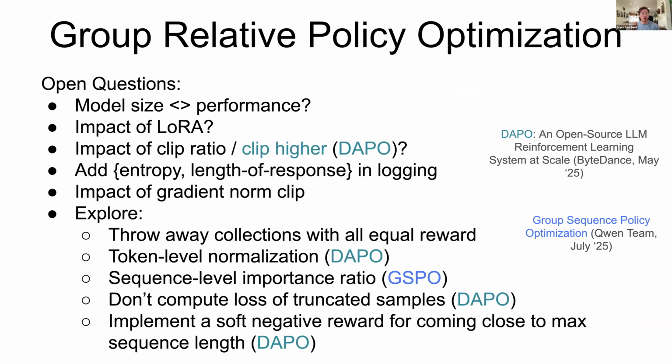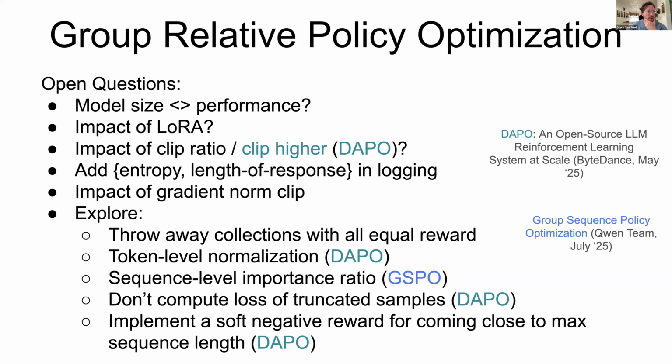Anyway, I have just a few open questions here, and then I'll hand off to Raymond. There are lots of things I wanted to play with that I haven't yet. There's a paper that came out about a week ago with a new GRPO-esque algorithm, and these are basically the same ideas, just changing the normalization scheme.